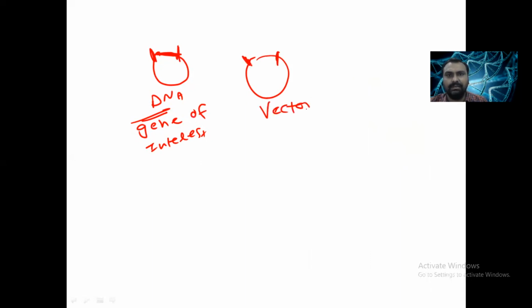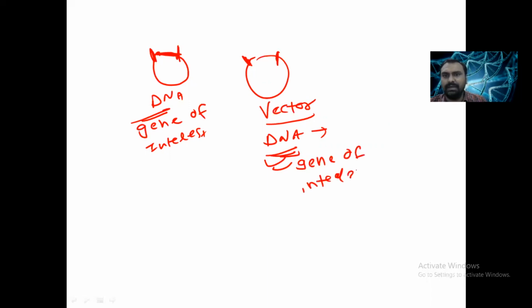Vector is nothing but a DNA that will take up our gene of interest, or desired DNA. So we will cut here with the same restriction enzyme that cut the gene of interest, and suppose this portion is removed, now we will add the desired gene.